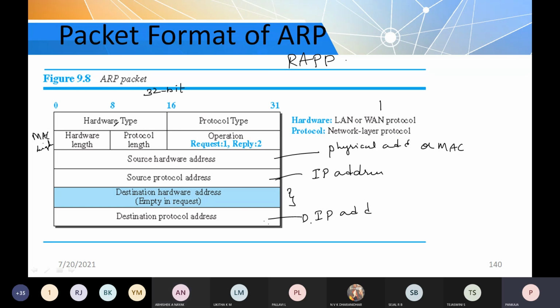Okay. Here one more important thing I need to tell about the hardware type and protocol type. We already know the different types of representing the IP address. Protocol type indicates what version of IP address we are using, IPv4 or IPv6.